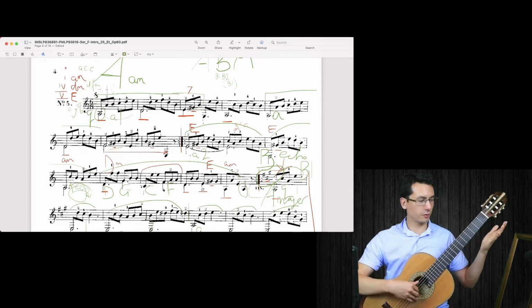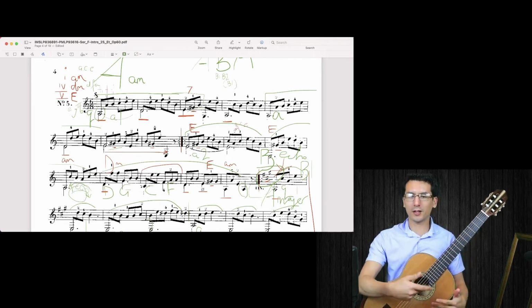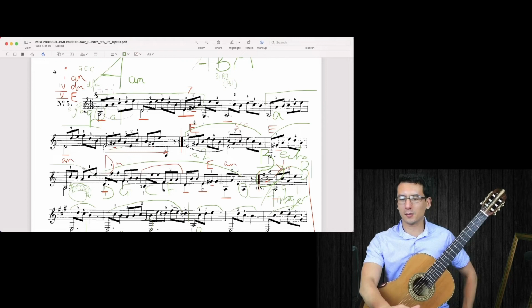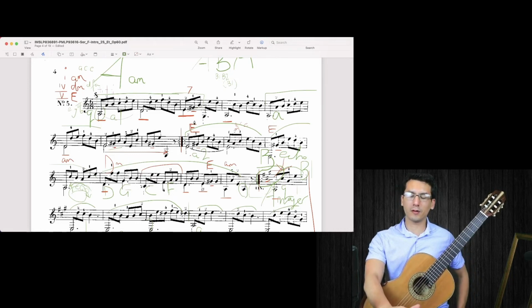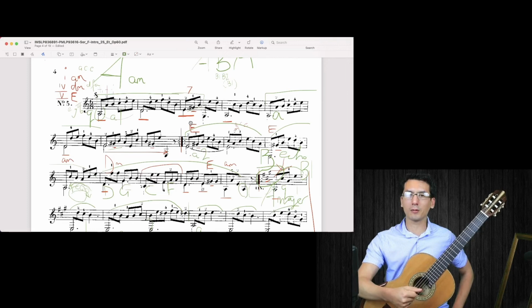Another one by Francisco Tarrega, 1, 4, 5, 1. So hopefully you're catching the idea. It's a very, very common harmonic framework that you find in just about every piece of common practice, classical sort of music.